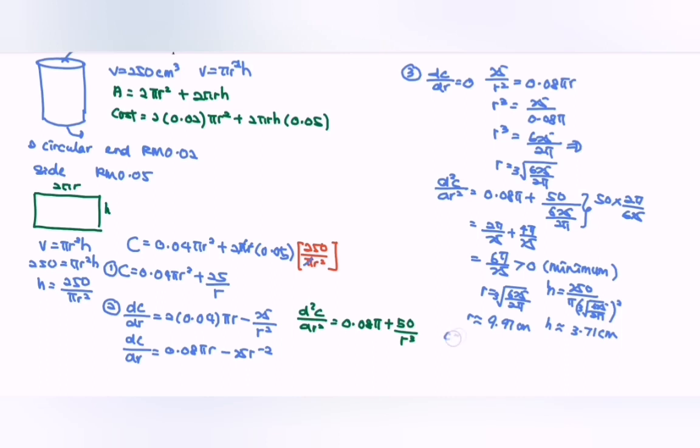And then for the cost, we have to substitute the value into this part. So 0.04 pi multiplied with the cube root of 625 over 2 pi, bracket square, plus 25 over the cube root of 625 over 2 pi. So the minimum cost will be Rm 8.09, or we can say Rm 8 ringgit and 10 cents.